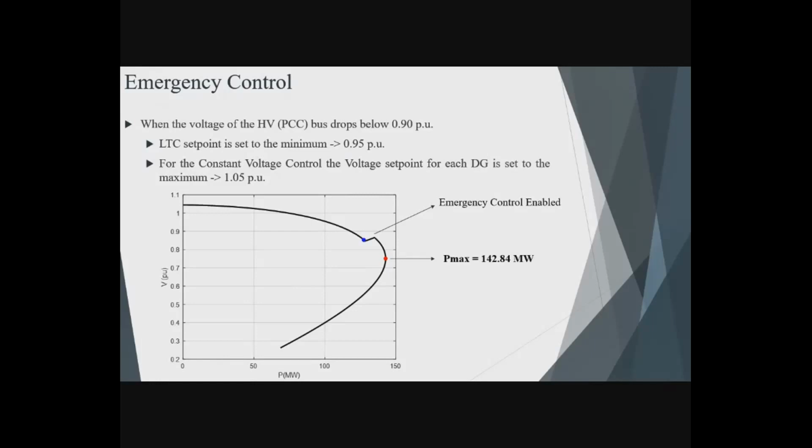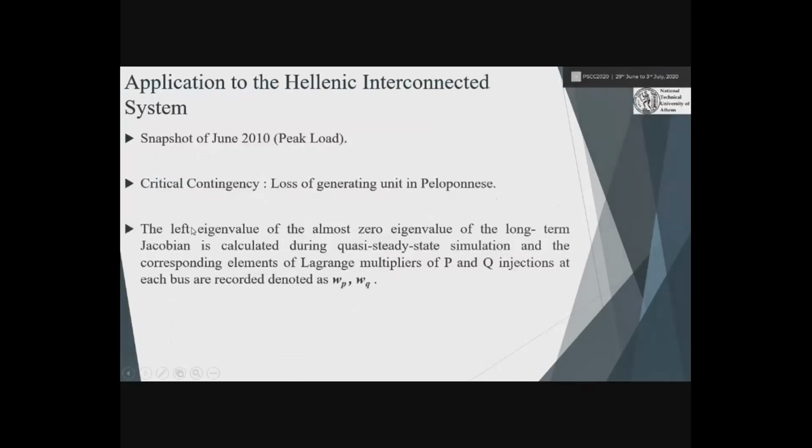In the same plot we can see an even greater increase in the maximum power transfer, and the blue dot shows the point where the emergency control was enabled.